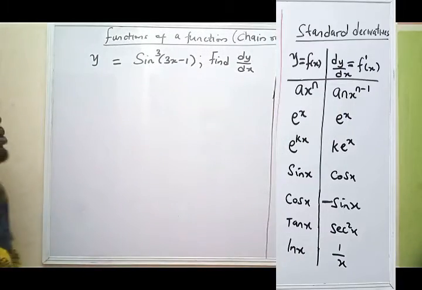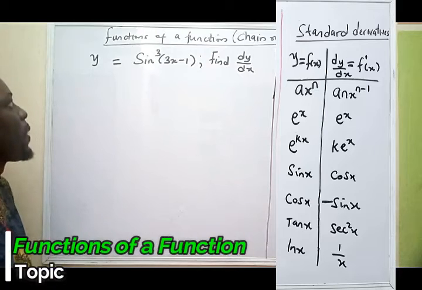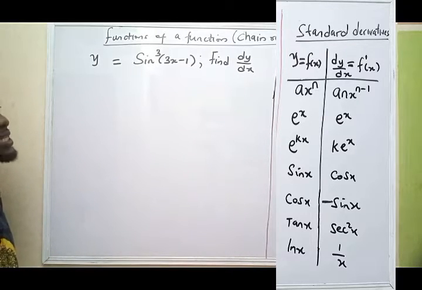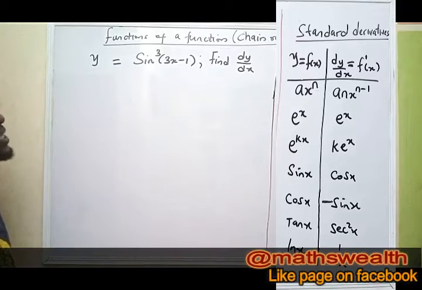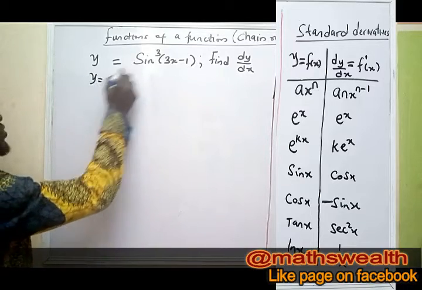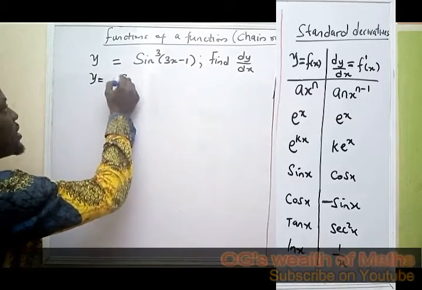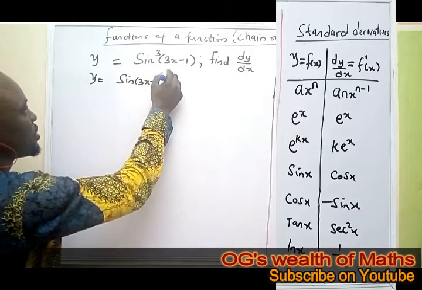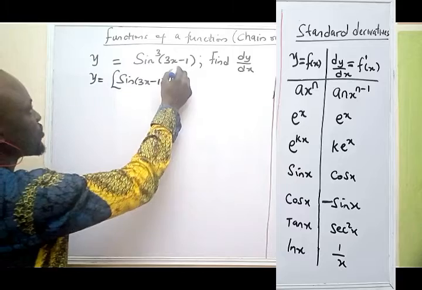Want to solve another problem of function of a function. Now, if you look at this, sine cubed (3x minus 1) is a function of sine (3x minus 1). So I can rewrite this equation as sine (3x minus 1), all to the power of 3.